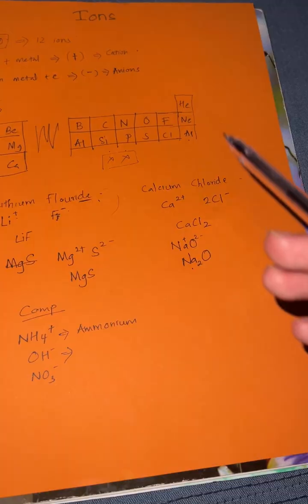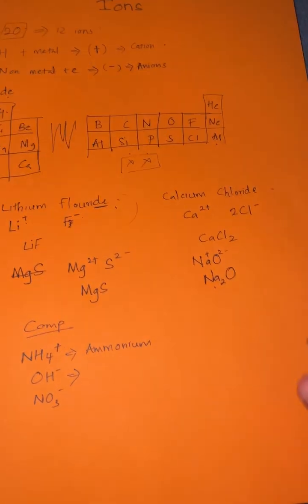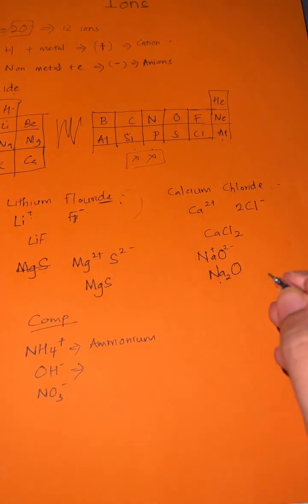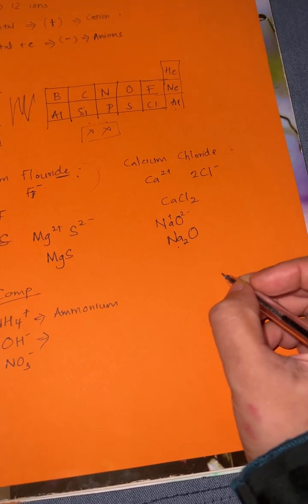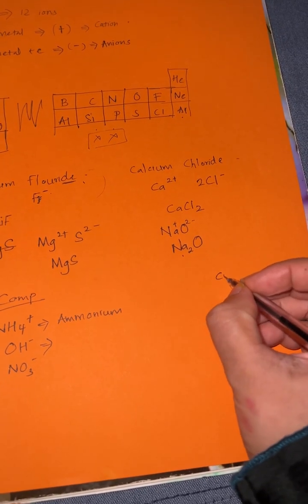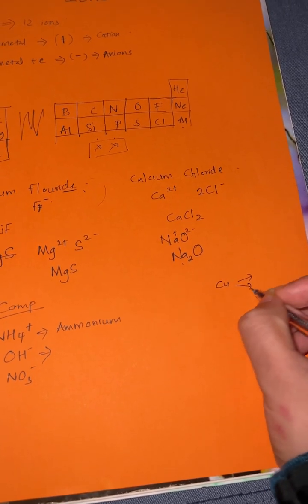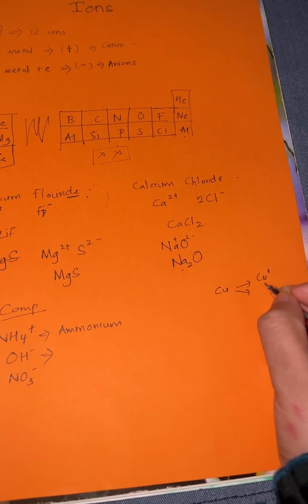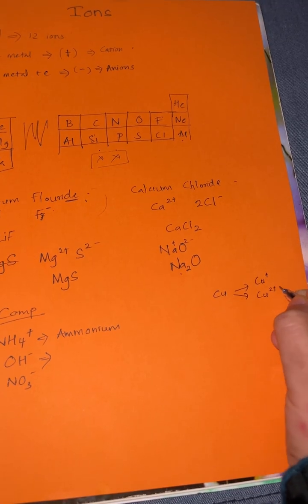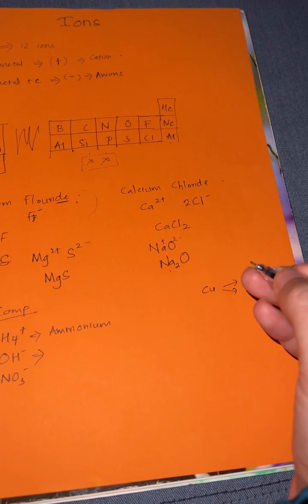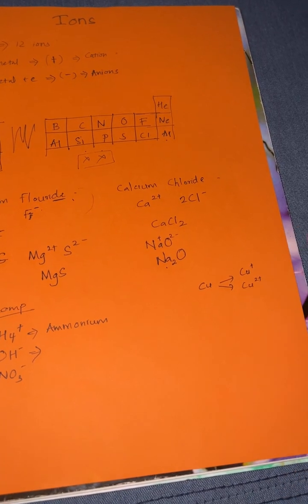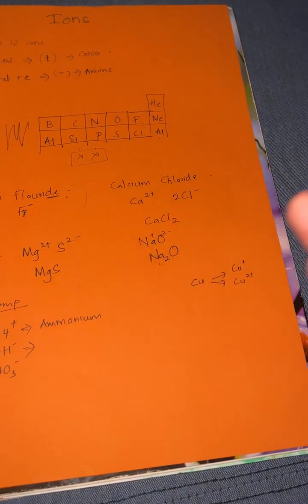One more thing we need to remember about transition block elements is that they sometimes have more than one charge. For example, Cu has two forms: Cu plus is there, Cu2 plus is also there. So when you're writing, for example, copper oxide, it means either copper 1 oxide or copper 2 oxide.